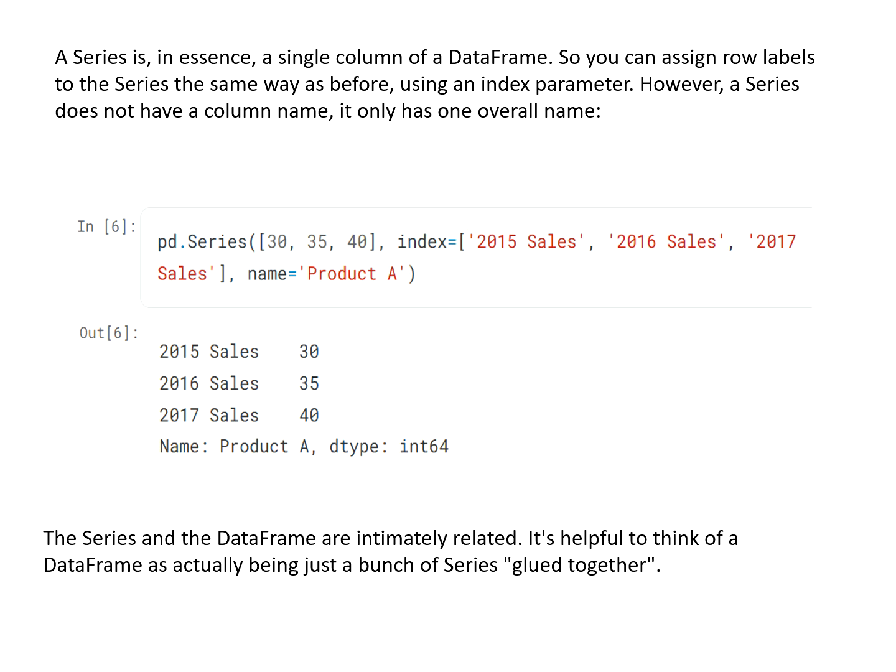We named the sales by year for the row index. For the name, we don't have columns. We only have one, so the name we added at the end will print at the end, just like that. Product A. If we want another series, it will be product B, but it will be another constructor, not the same. So this is the difference between series and dictionaries.